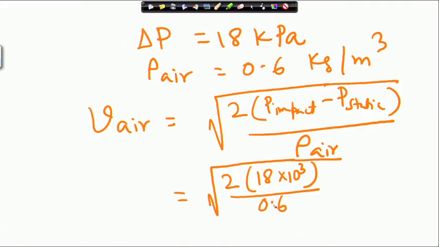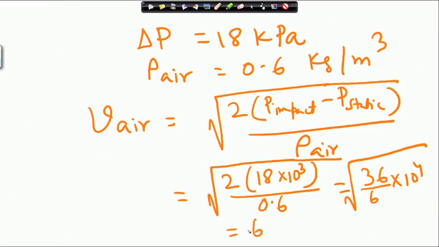So, this becomes 36 by 0.6 into 10 to the power 3 square root, which becomes square root of 6 into 10 square.